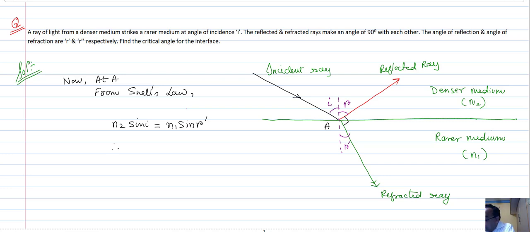So therefore, N2 by N1 is equal to sin of R dash by sin of I. This is what we are getting.